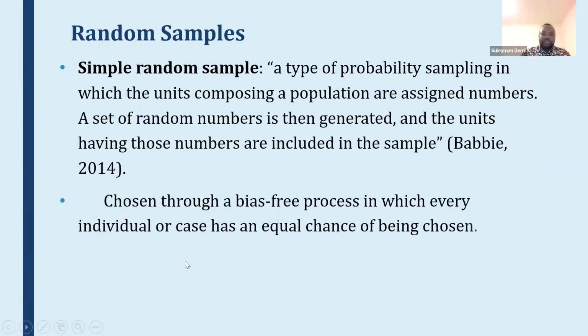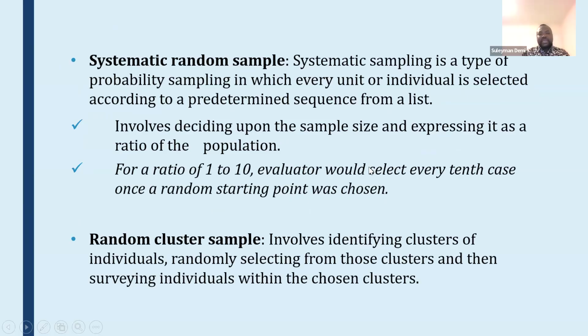Now let's look at systematic random sampling. It's also random sampling, but slightly different. Systematic random sampling is a type of probability sampling in which every unit or individual is selected according to a predetermined sequence from a list, right?